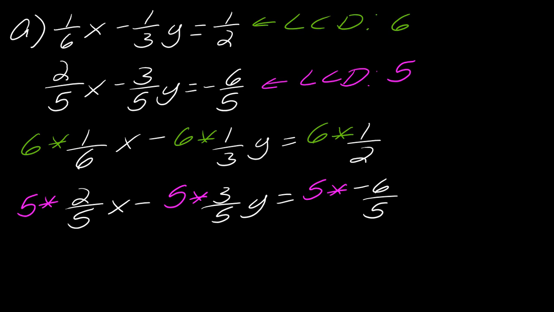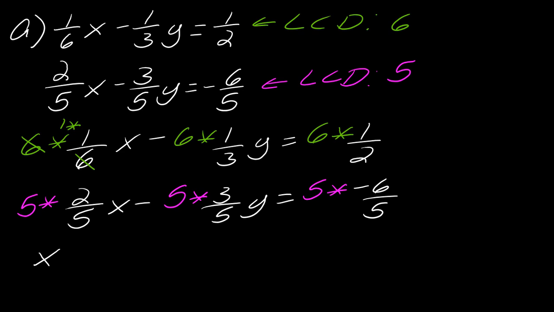I'll walk you through how you actually do that. What you'll notice is that each denominator divides into the number that we're multiplying by. So 6 divides into 6 how many times? Once. So this now becomes 1 times 1x, and 1 times 1x is just x.